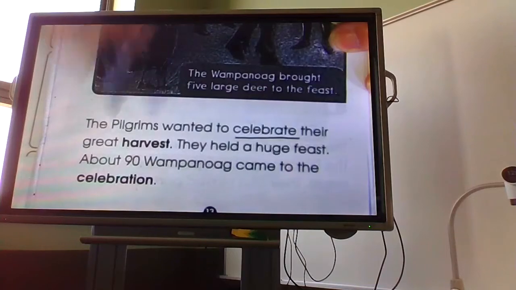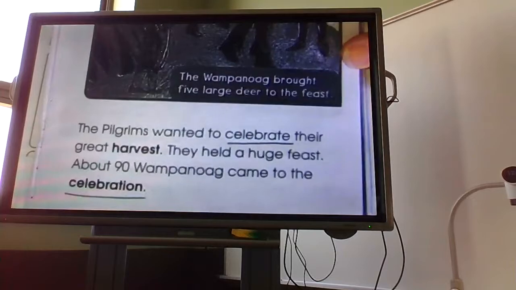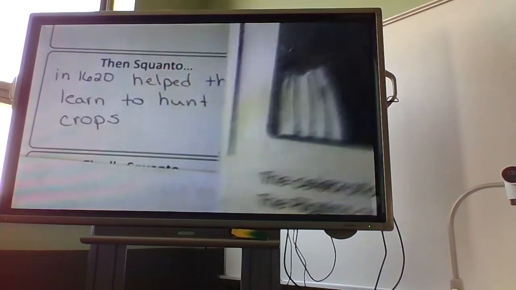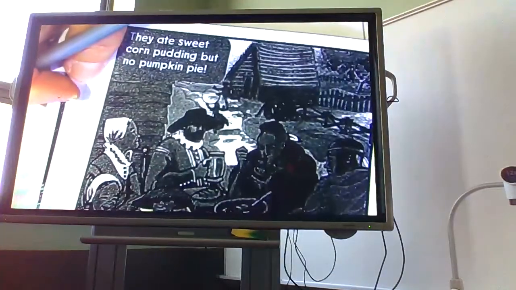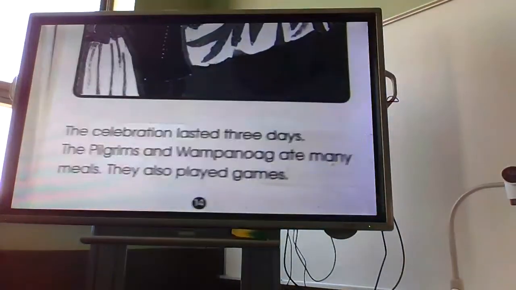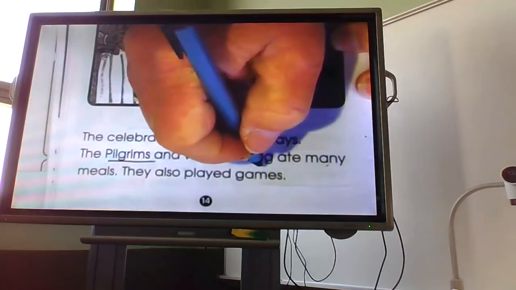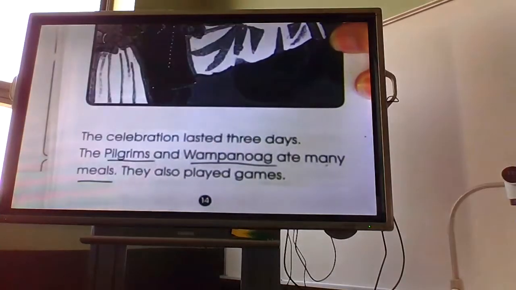Okay, let's turn to the next page in your book. The next page is page 14, and there's your picture. We have the Pilgrims and the Wampanoag, and they ate together. They had food together.